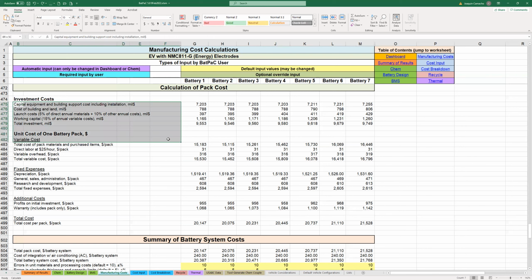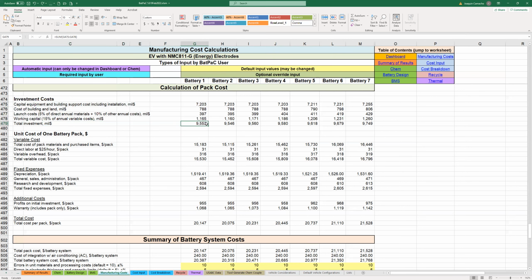It spits out a number to build this first 500,000 batteries, including everything to establish the launch of the manufacturing plant, is $9.5 billion. So you need a loan of $9.5 billion to make 500,000 batteries for your first year.